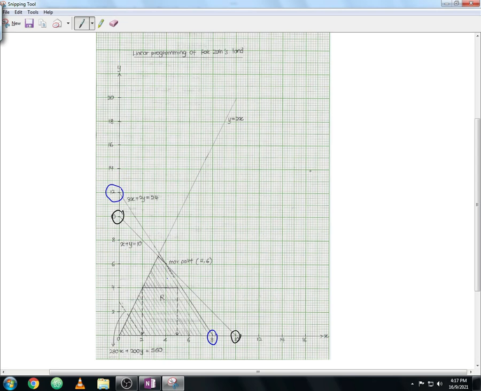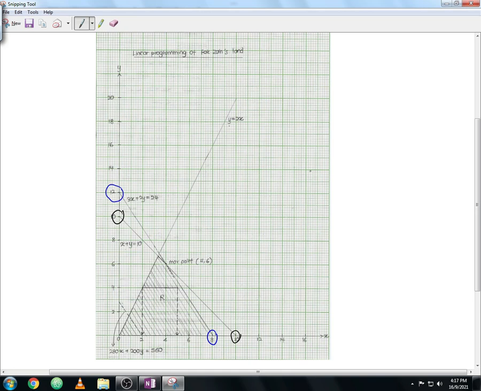For the x-intercept, you set y equals 0, so 3x equals 24. To get x, you divide 24 by 3, so you get 8. With these 2 points you can plot the second straight line. Pretty straightforward. Now we proceed to the third straight line.